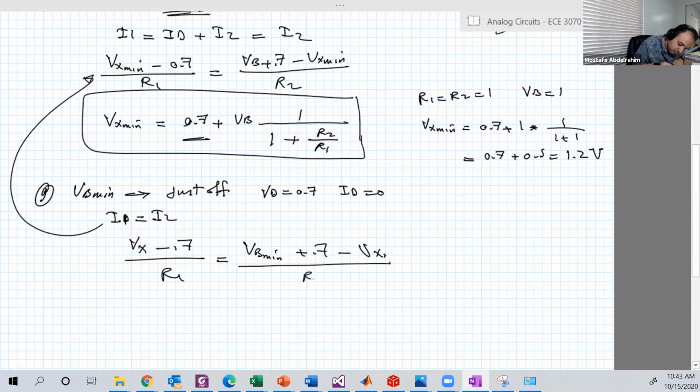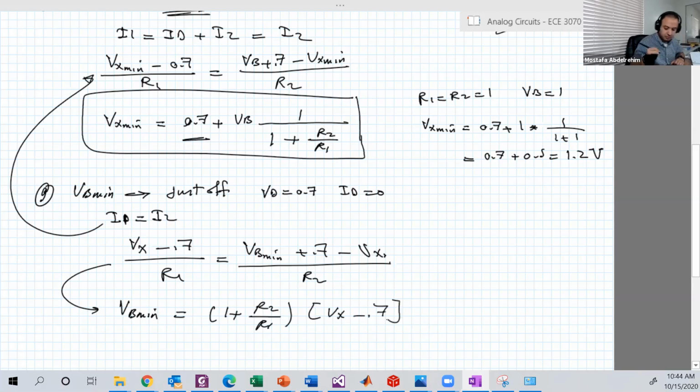And we will reach something like this, with VB in the left hand side and Vx on the right hand side. So based on that, VB minimum equal to 1 plus R2 over R1 times Vx minus 0.7.